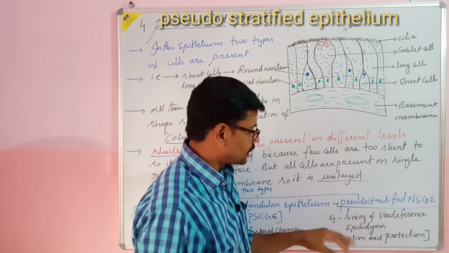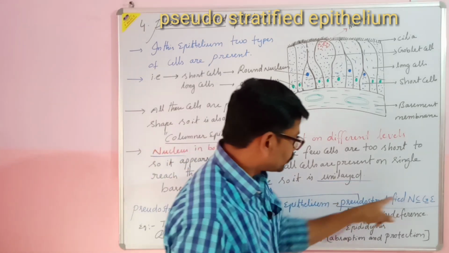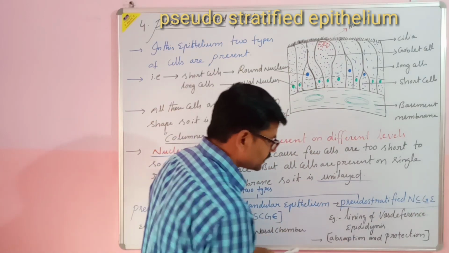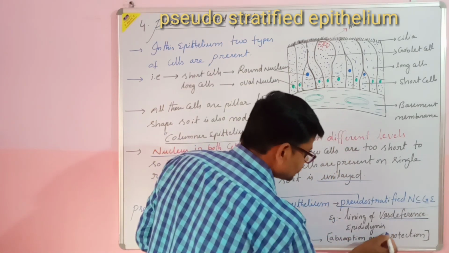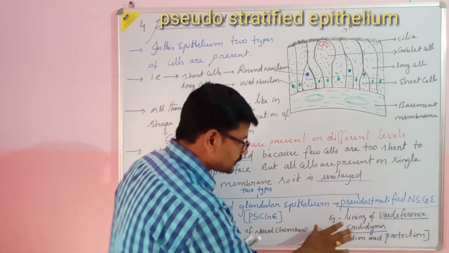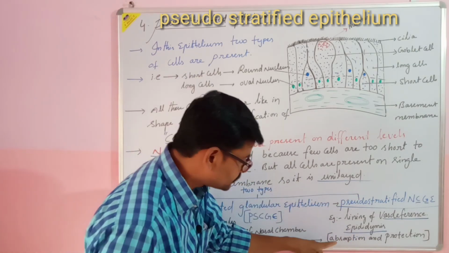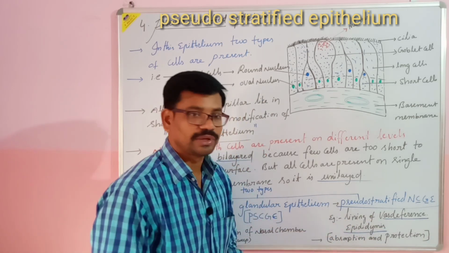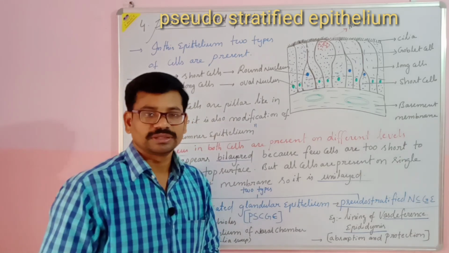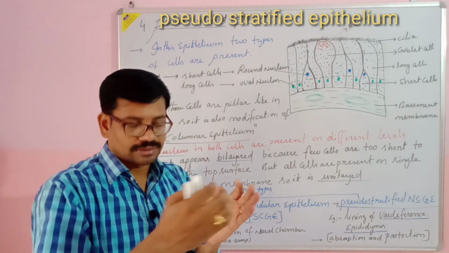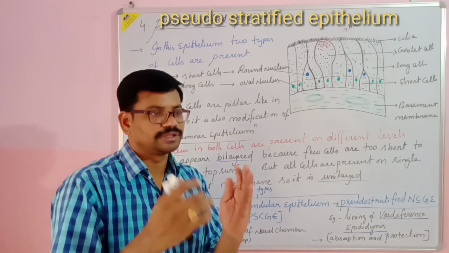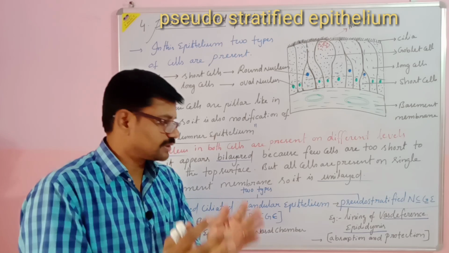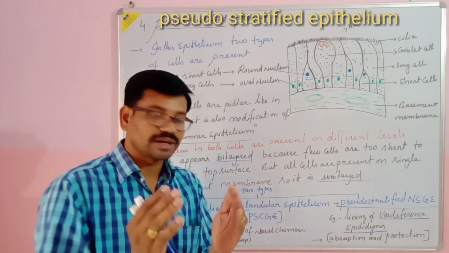Next, the pseudostratified non-ciliated non-glandular epithelium is mostly present in the lining of the vas deferens and epididymis. This pseudostratified epithelium helps in absorption and protection. What is the need of absorption? In the epididymis, the spermatids reach the epididymis and are stored there for some days, so it is the place where the sperms are temporarily stored.